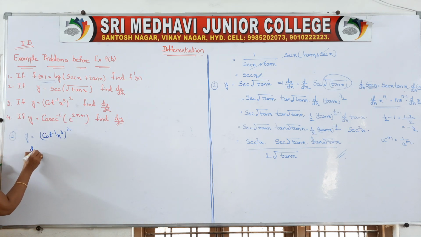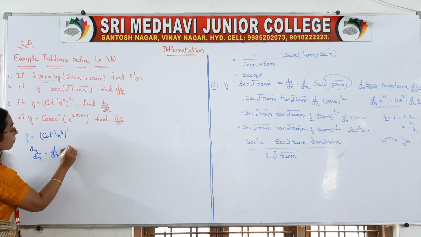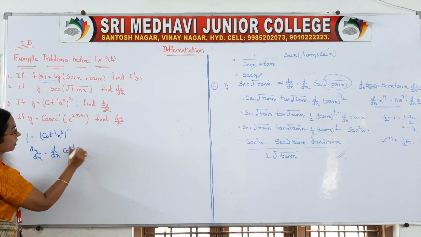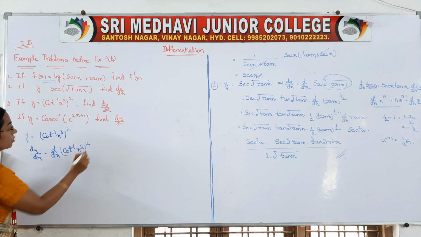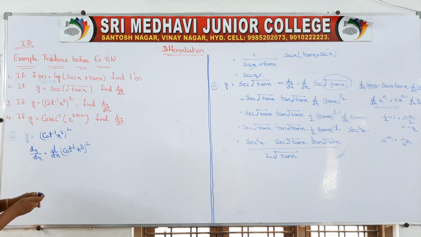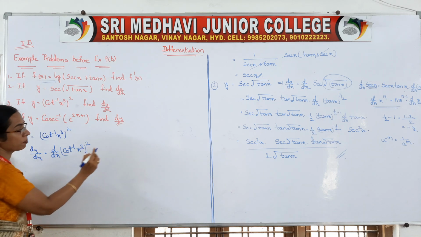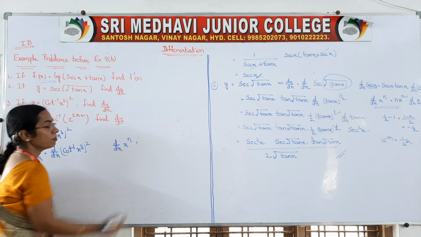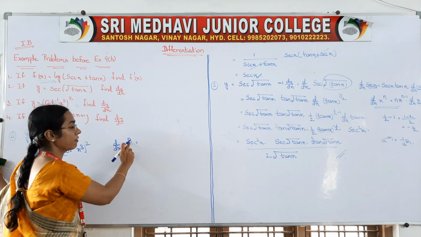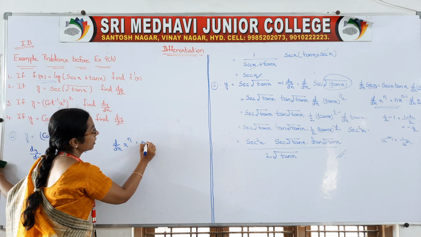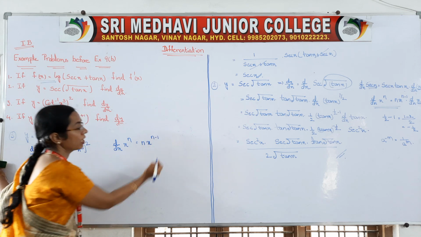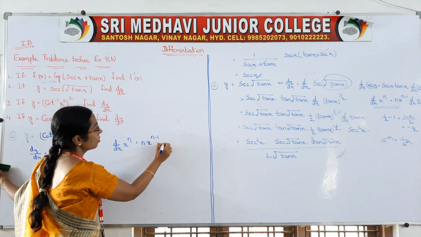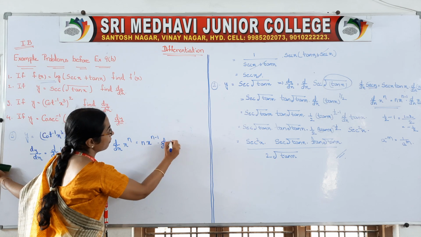So dy by dx is equal to, what is the formula? d by dx of cot inverse of x cube whole square. Whenever any value has a power, you know it very well: d by dx of variable to the power n is n into that variable to the power of n minus 1 into d by dx of that variable.